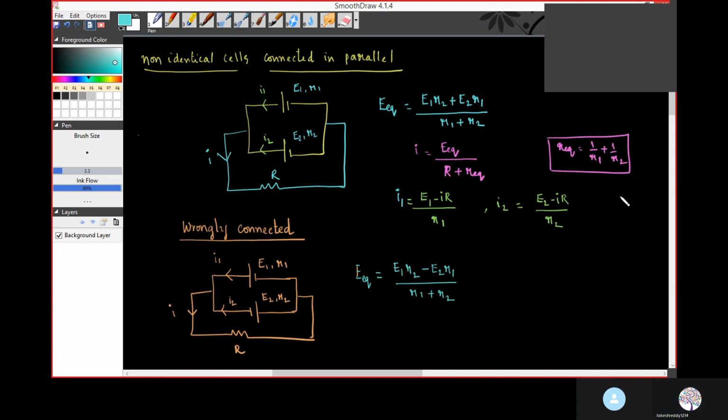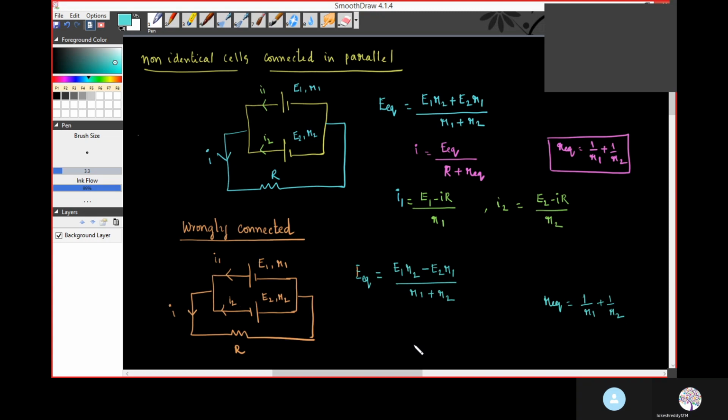So the remaining will be the same. R equivalent will be equal to, for wrongly connected also, 1 by R1 plus 1 by R2. And I is equal to E equivalent by R plus R equivalent. But the E equivalent value is going to change.